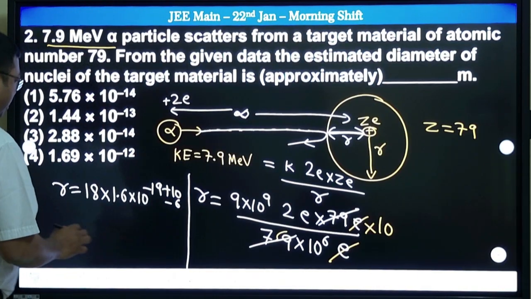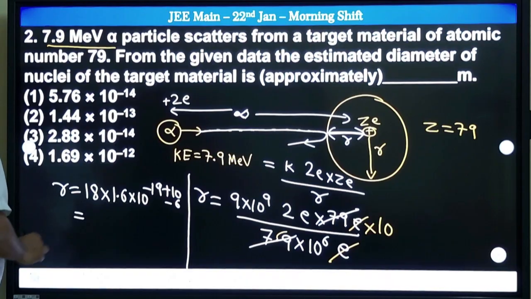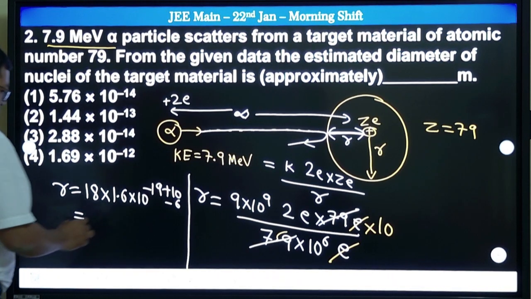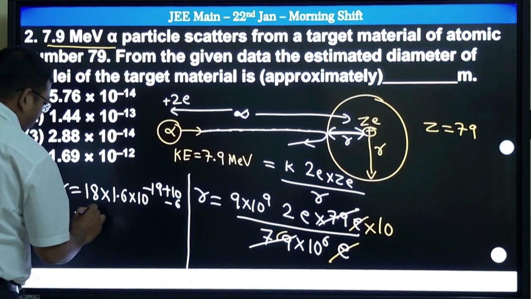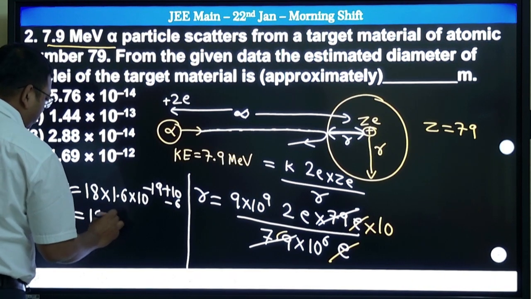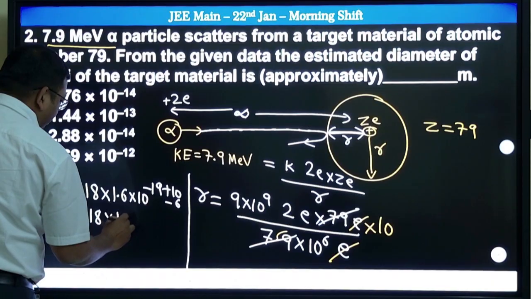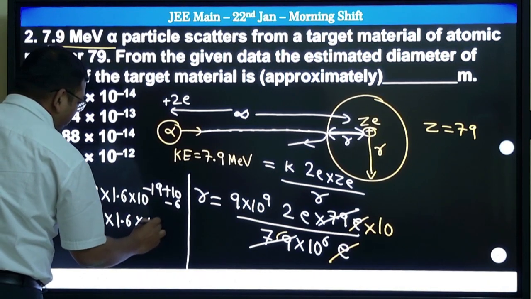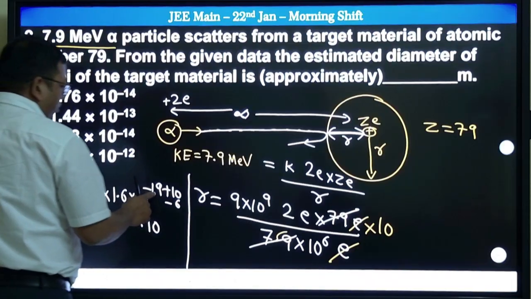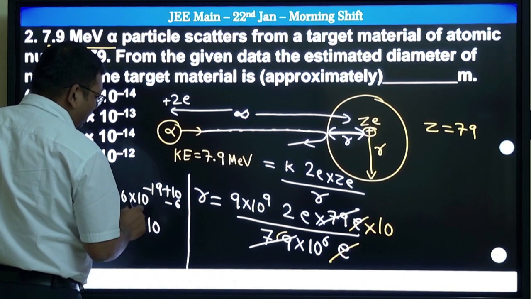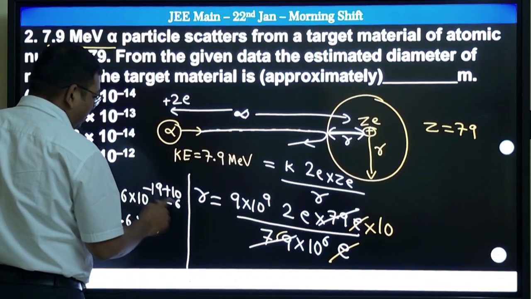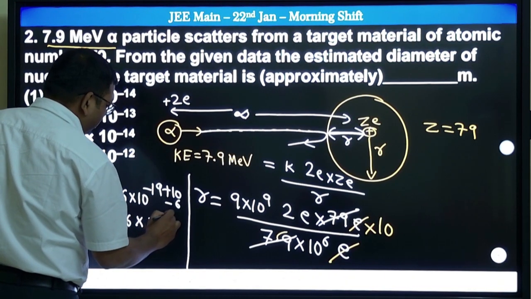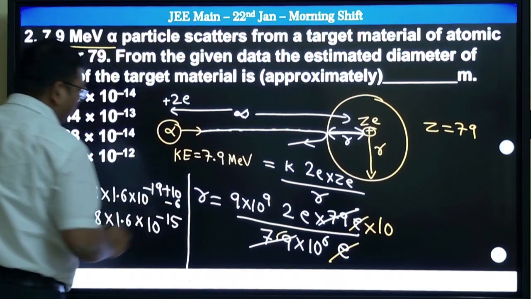So try to calculate this, how much it is going to come. So this is going to be 18 into 1.6 into 10 to the power how much? So minus 19 plus 10, that means minus 9, minus 9 minus 6, minus 15, correct?